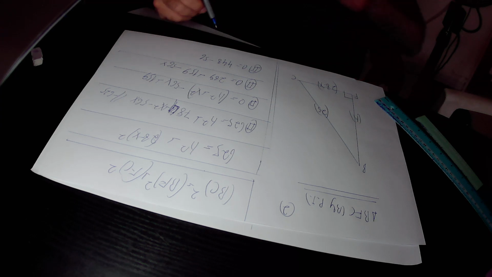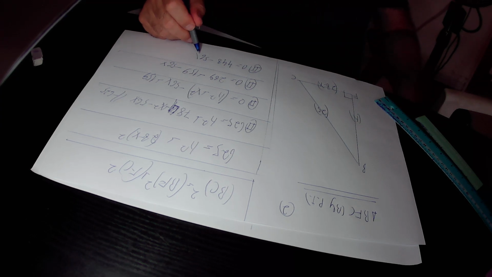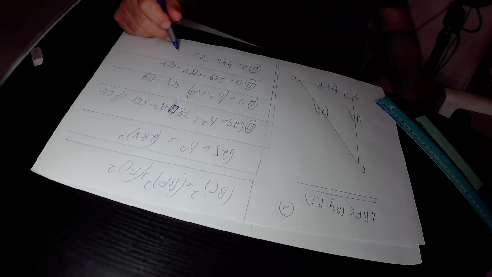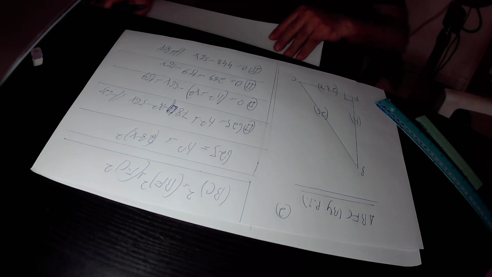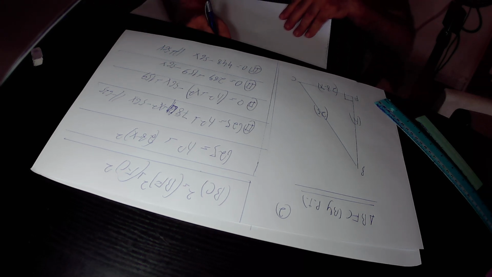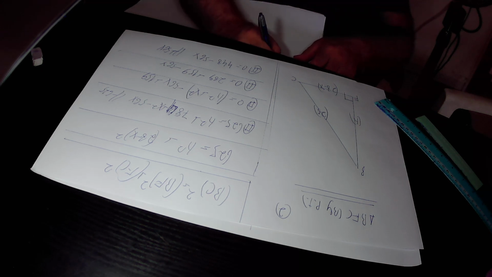In conclusion, 0 equals 448 minus 56x. Here we add 56x to this equation, equation 2, and finally we get that 56x equals 448.